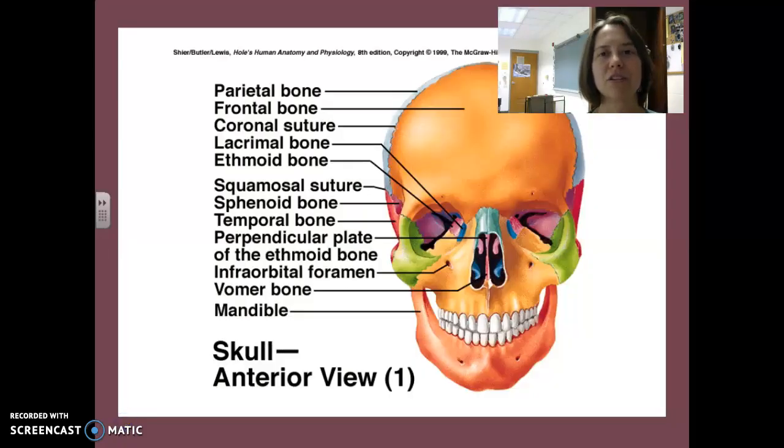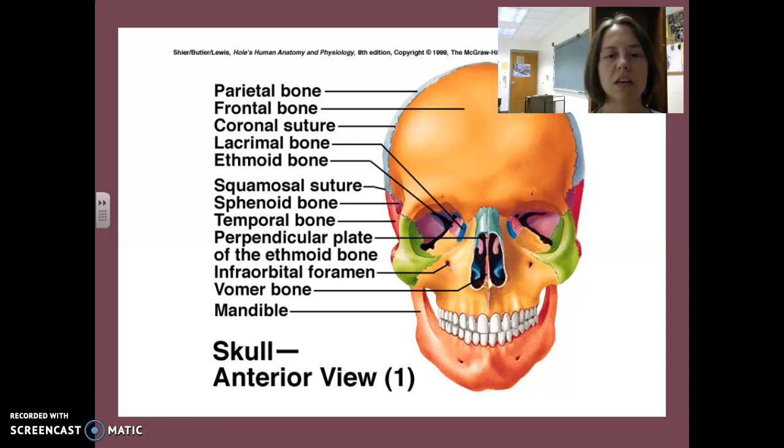Looking at some pictures of the facial bones, we have the mandible down here, the maxillary bones here, the zygomatic bones on either side. We have the nasal bones. We have the vomer, which makes the inferior part of the nasal septum, the inferior nasal conchae here on these little scrolls.